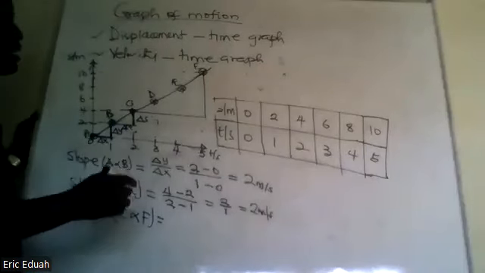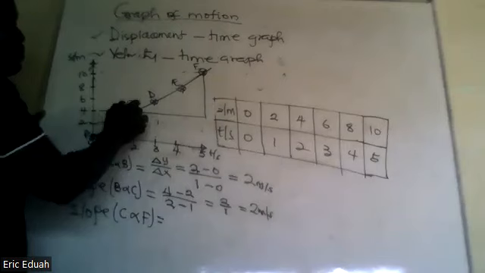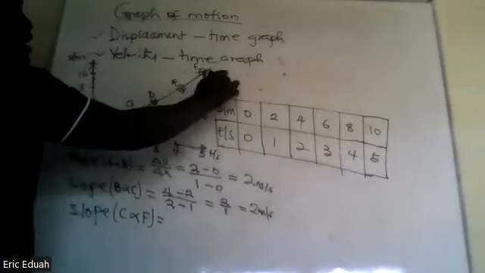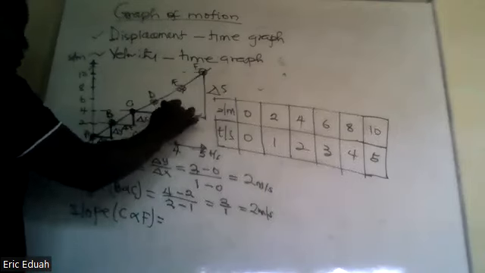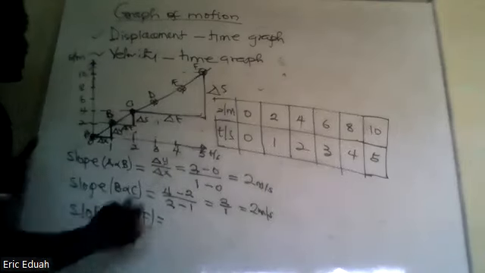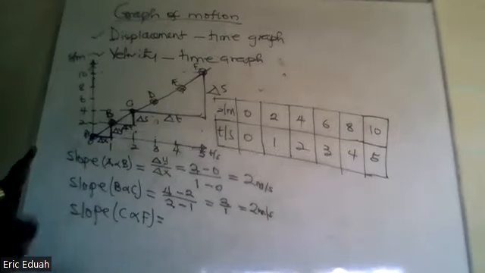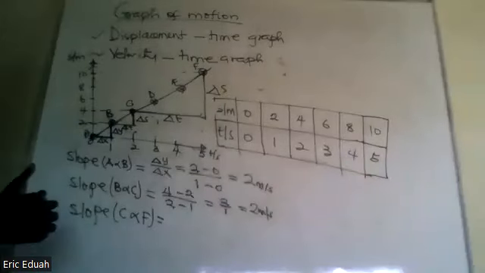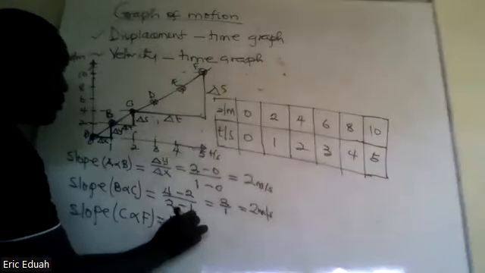Let's look at Gerard's task, this bigger triangle. Change in S, change in T. So Gerard, what is the maximum Y value or S value? 10. Minimum.